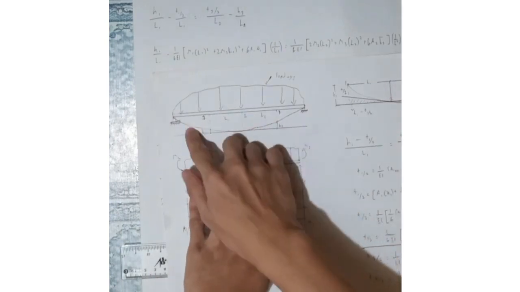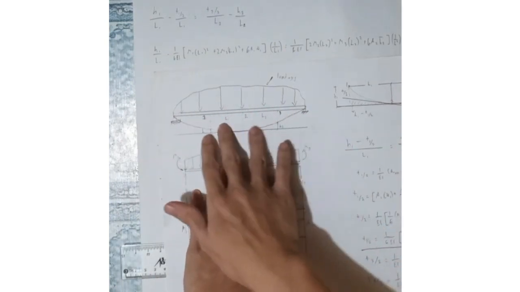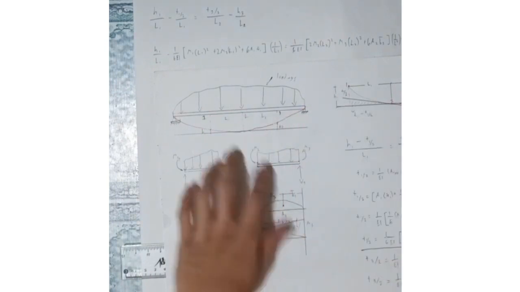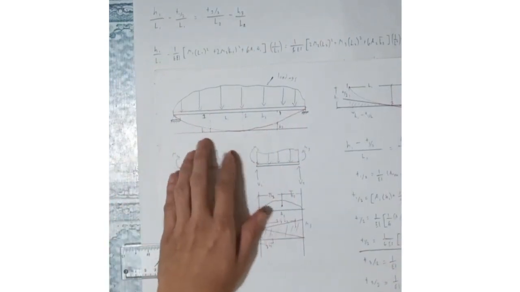So kaning internal support, kung like isa or any internal or connection or support, ang vertical displacement kay mahimong 0.